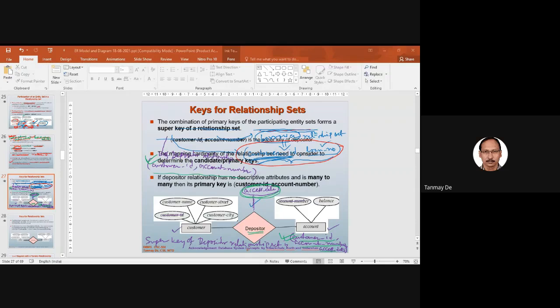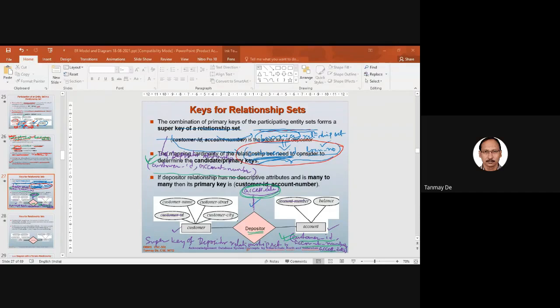If the relationship set is many to one or maybe one to many, which one is the primary key? In that case, the primary key of the relationship set is the primary key of the entity set belonging to the many side. In this example, customer belongs to the many side.